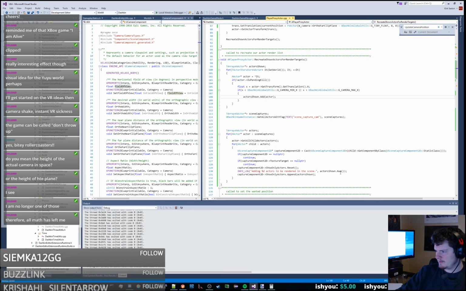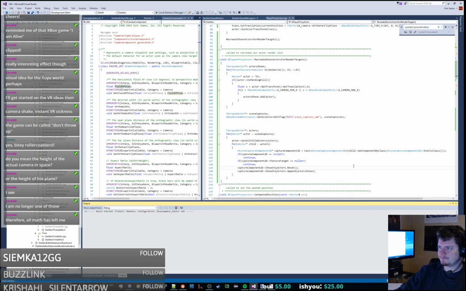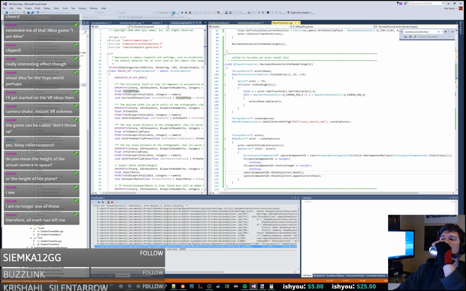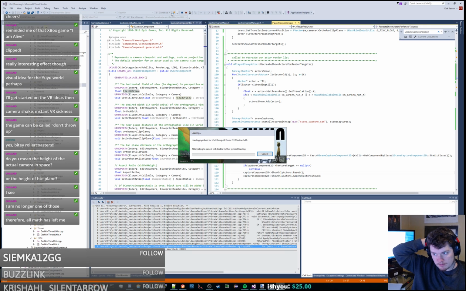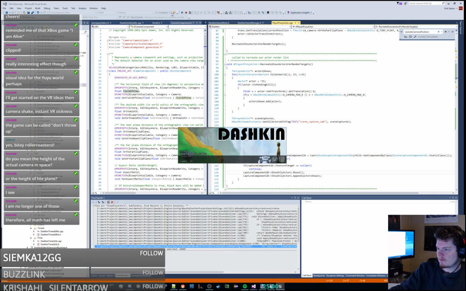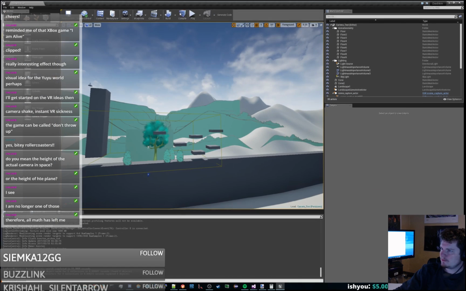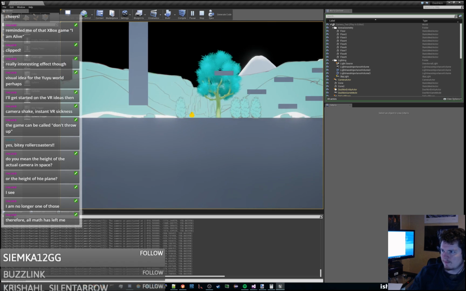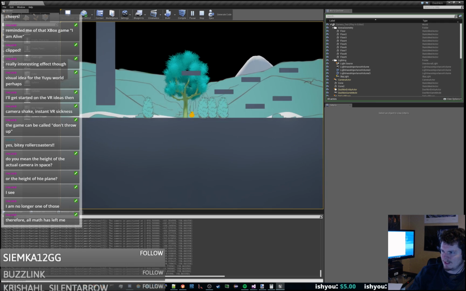So we're adding those actors. Camera is positioned at negative 918.